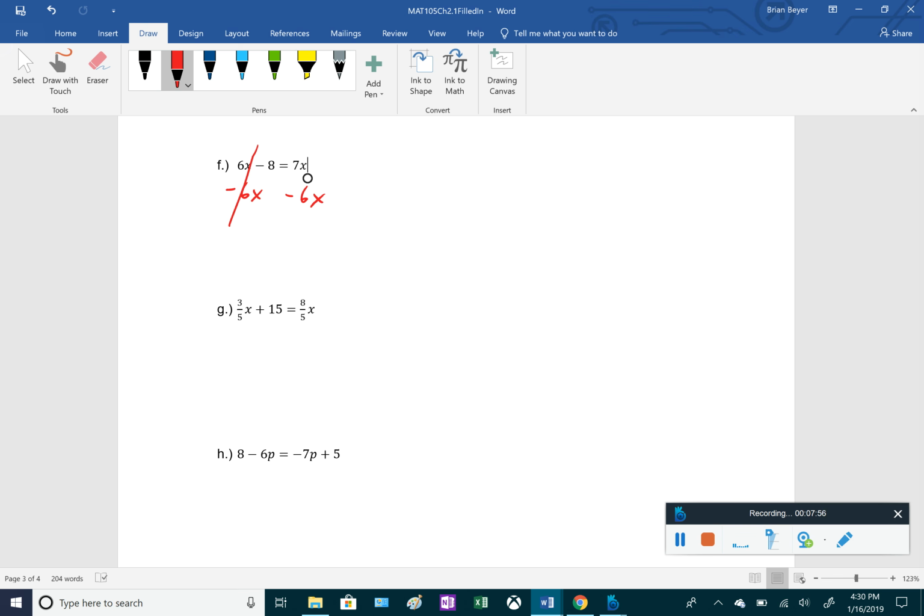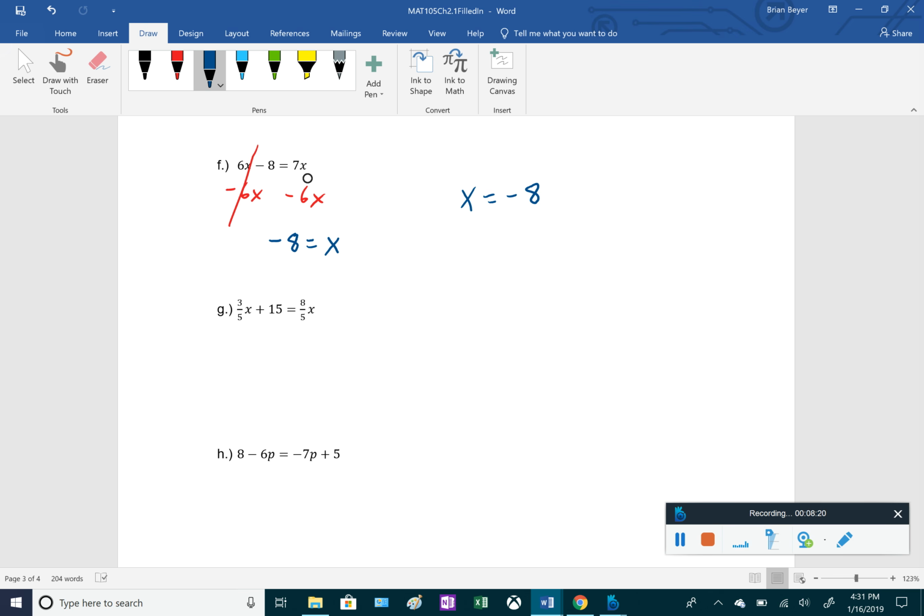So we're going to subtract that whole entire term. The reason is on the left-hand side, now we're left with negative 8. On the right-hand side, 7x minus 6x, combining like terms, that's going to give us 1x, which is just x. So we get x equals negative 8.